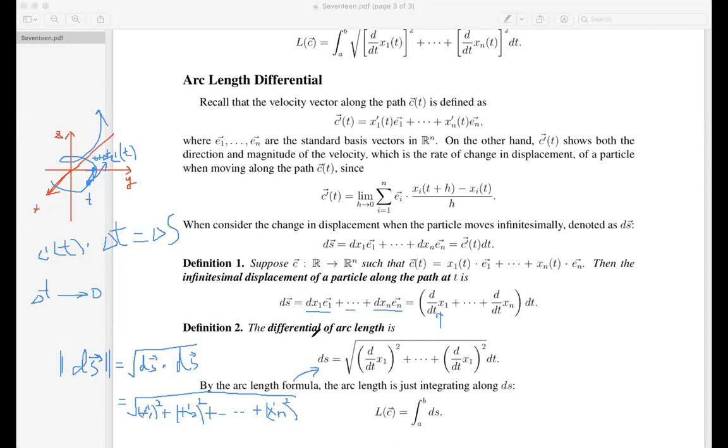So as you notice, the arc length is basically integration of ds.